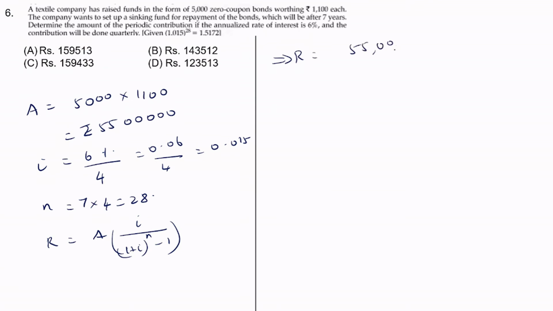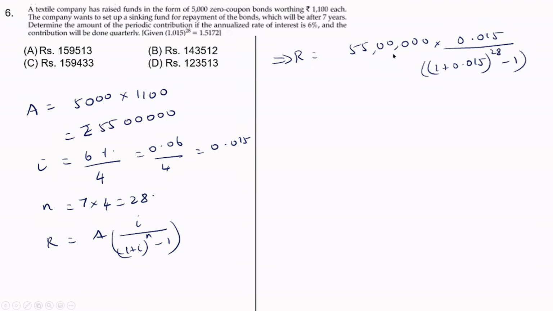R is equal to 55 lakhs into I is 0.015 upon 1 plus 0.015 the whole raised to 28 minus 1. So here we have 0.015. So if we remove these 3 zeros, this decimal point will go after 3 places.